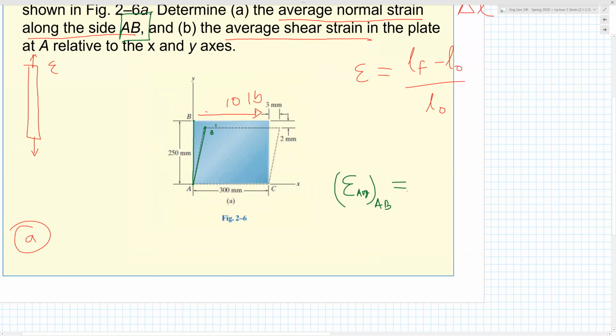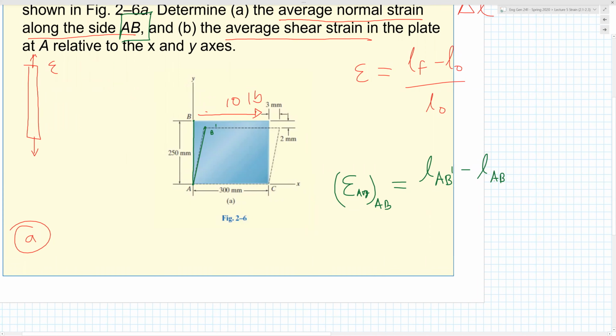Well, what is the final length, LAB prime? I'm just going to use the general definition. Well, we have to figure that out, right? Length AB prime, that's the final length, minus your original length, right? What is a good variable for original length? Length AB, right? Well, the good thing is that we already have most of that information.